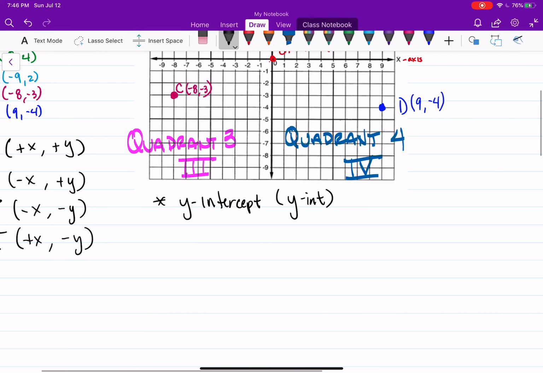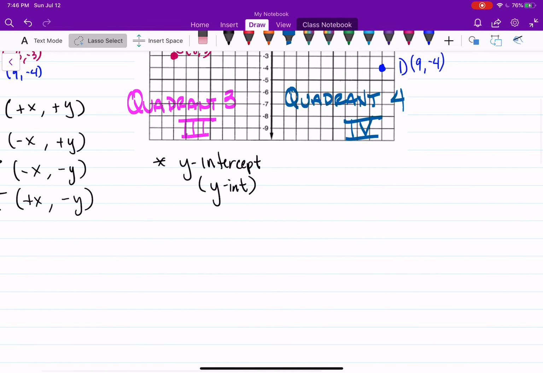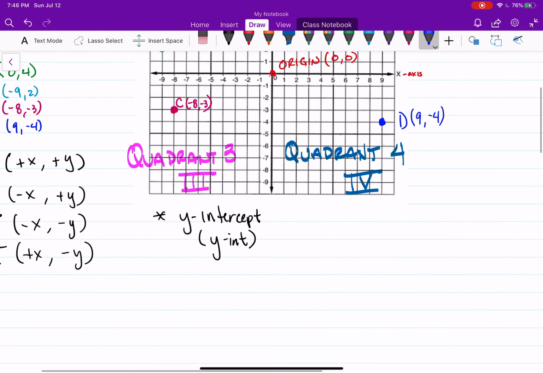So let's say I plot a point right here. So this is called a Y-intercept.